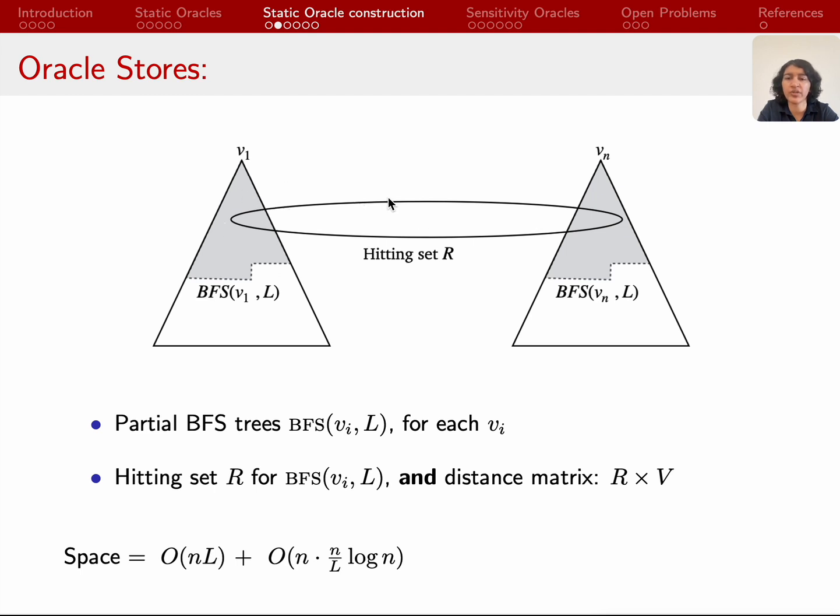The size of the hitting set will be n over L times log n. And for the hitting set R, it also stores the R cross V distance matrix. So the total space is n times L to store the partial BFS trees, and to store this R cross V distance matrix, the space taken is n times n by L log n.